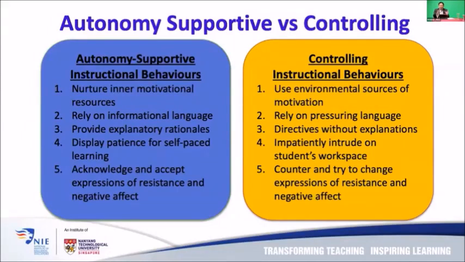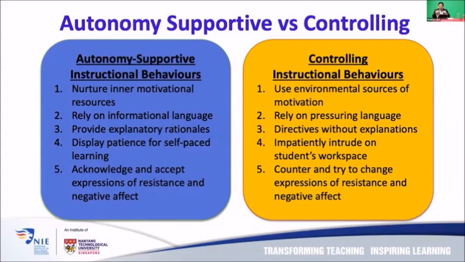There are five so-called instructional behaviors that typically characterize the autonomy supportive style, and I'll use them to contrast against the controlling style. Firstly, in the autonomy supportive style, the teacher plans the lessons to vitalize students' inner motivation resources.